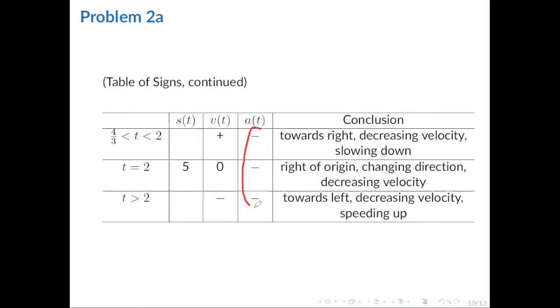So for this one, the values are negative. So you'll get the logic of the signs of the values between our critical points, which are t equals 2, t equals 4/3, and t equals 2/3.